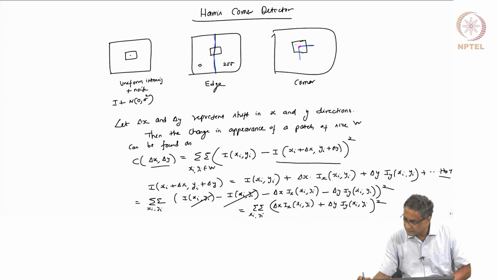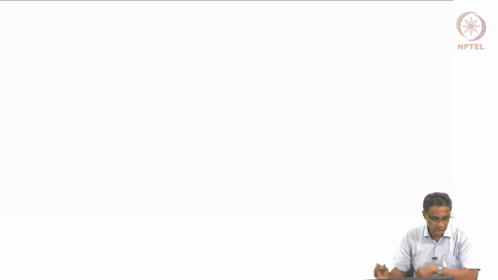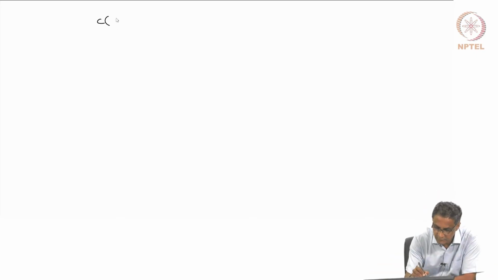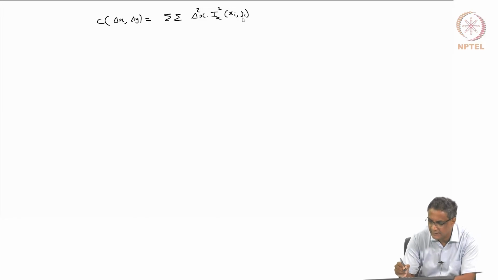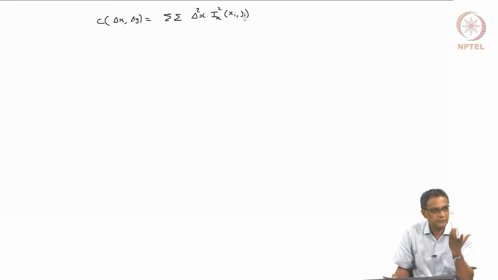Now if you expand this, that will give you C of delta x, delta y. So, you will get summation, these are all scalars, so you get delta square x Ix square of xi, yi. For all this Ix and gradient, we should have some sort of a mask to compute it, which we have already seen.